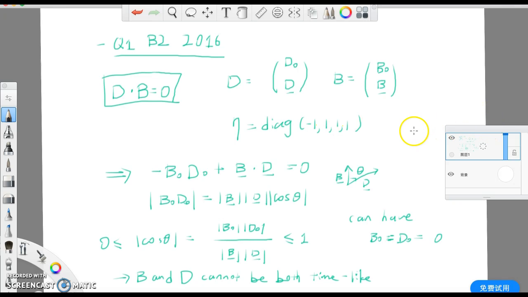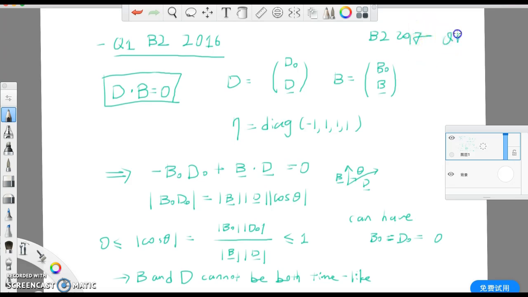Yeah, and this is quite easy, but this mistake has happened multiple times for those who make the exams. In 2017, you can have a look at B2 2017.